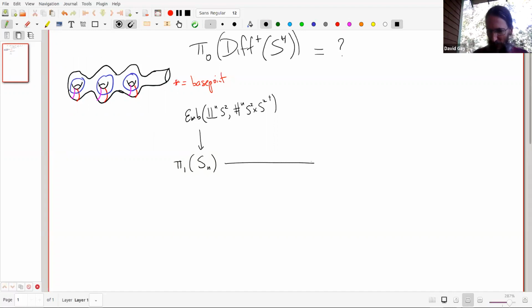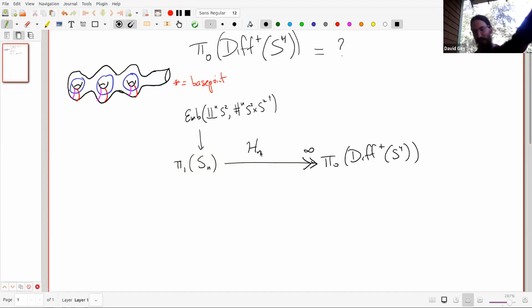I described a map, a little bit, to π0 of Diff+ of S4. This is the most geometrically natural thing here. And I'm going to put a surjection with S∞ over it. What that means is this map, which we call Hn, H for handles, you're thinking of the n two-spheres as being handle attaching maps.